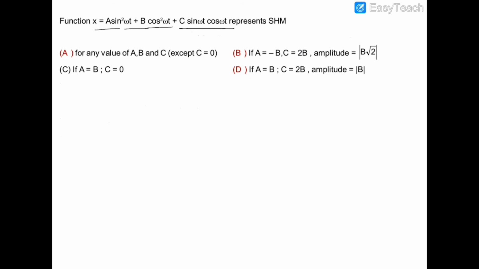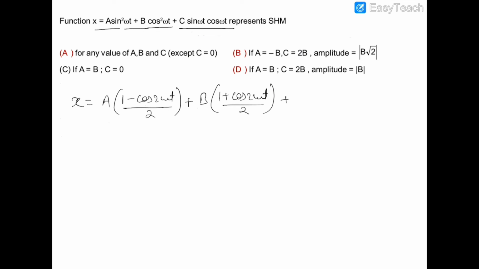So let us see that x is equal to a times sine square omega t, which can be written as (1 minus cos 2 omega t) by 2, plus b times cos square omega t, which can be written as (1 plus cos 2 omega t) by 2, and this is c by 2 sine 2 omega t.